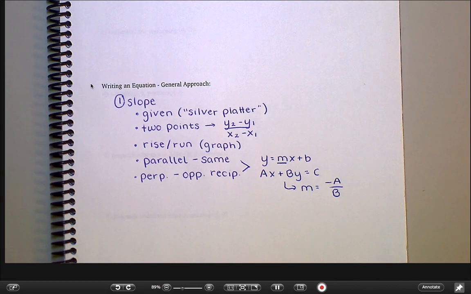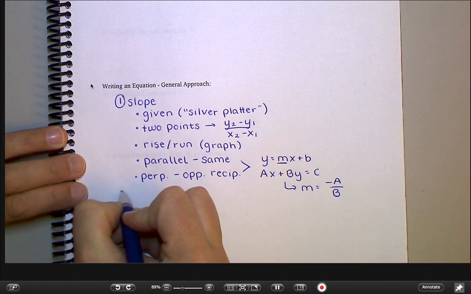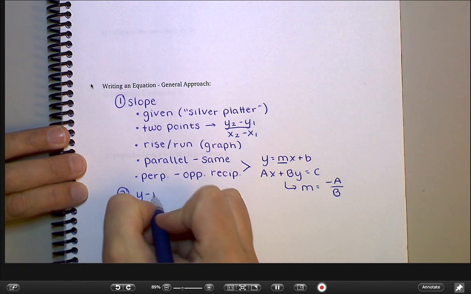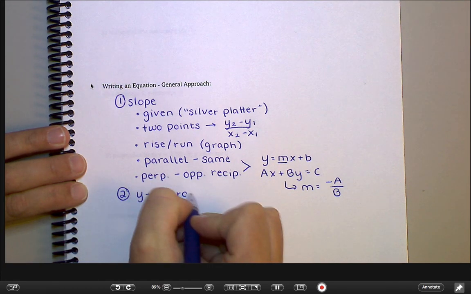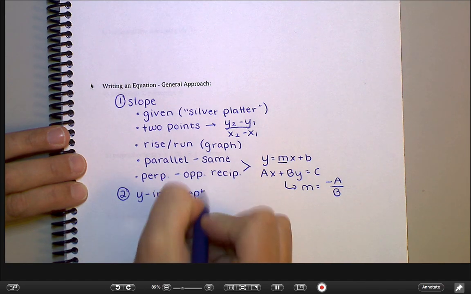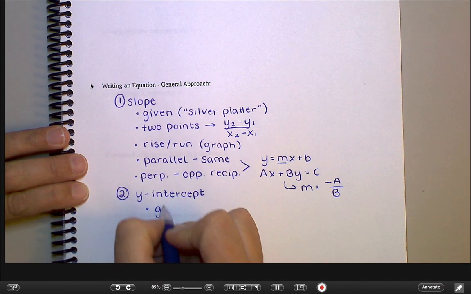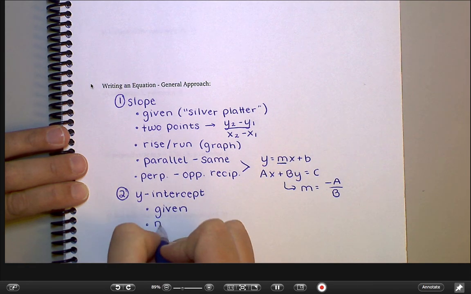Once you have your slope, we need to find a y-intercept. The y-intercept is a little more straightforward, because you only have two options. Either it's given to you in the problem, or it's not given.